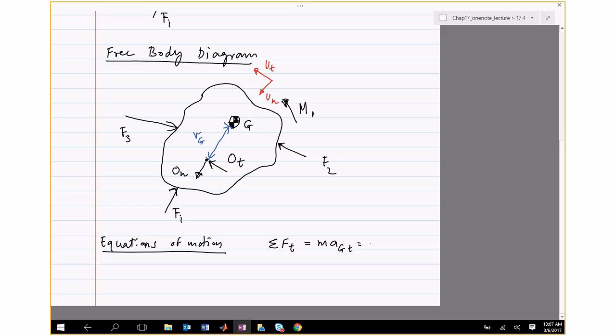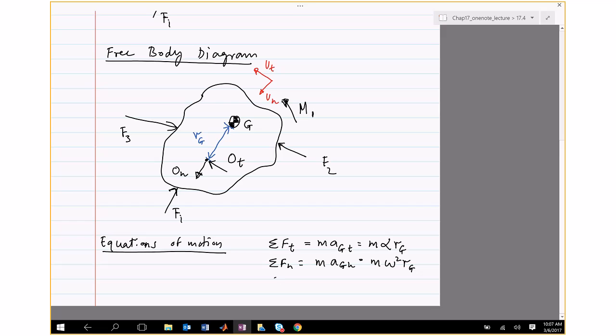So that is m alpha rg. The net force in the normal direction is mass times acceleration in the normal direction. So that is m angular speed squared times rg.